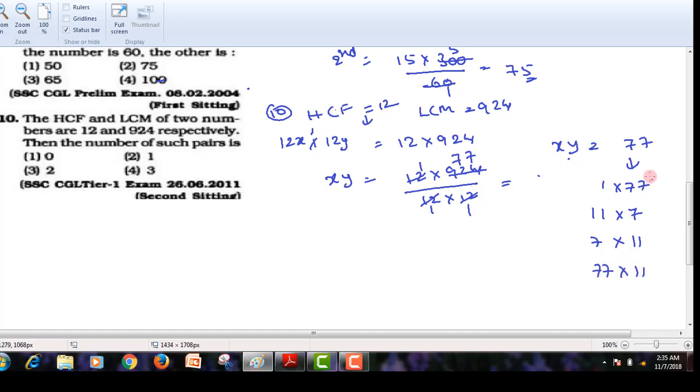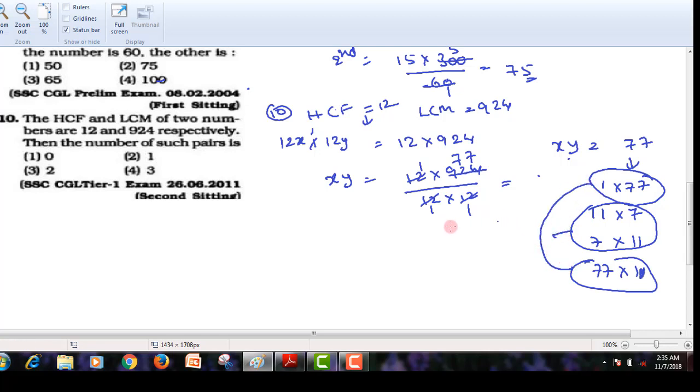So they ask for the number of pairs. These two represent only one pair and these two represent another pair. So how many pairs satisfy these conditions?